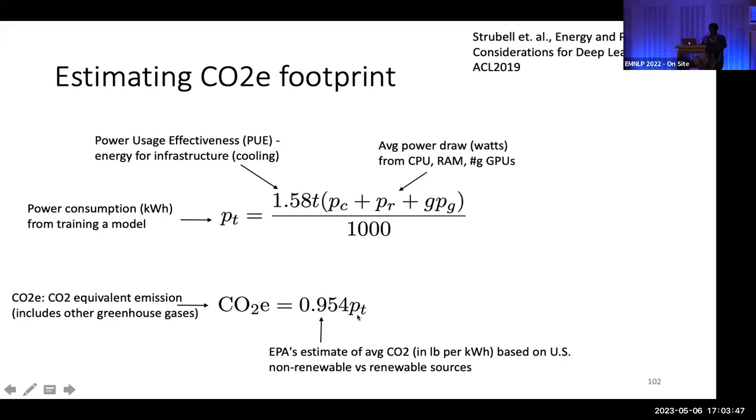And then you need to think, from this amount of power, how much CO2 would it actually have generated? Another constant is here, but this constant differs depending on your case. If you're using renewable energy, this constant will be smaller. If you're using coal, it will be larger. So this constant depends on a lot of factors.